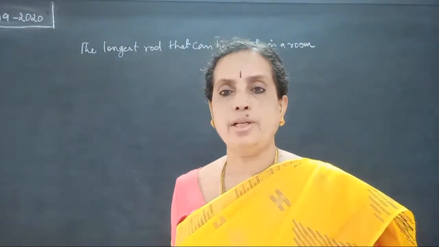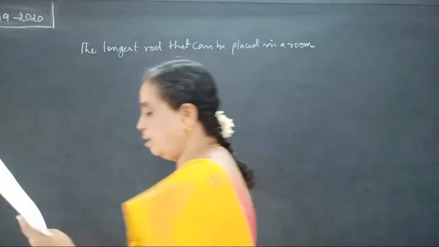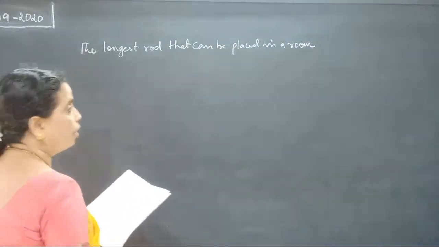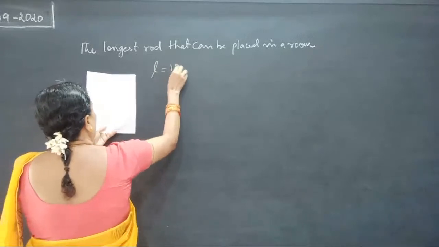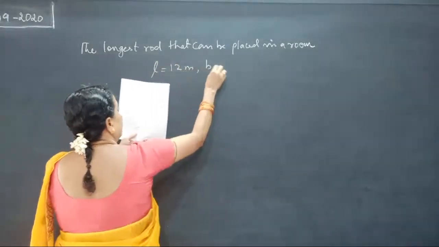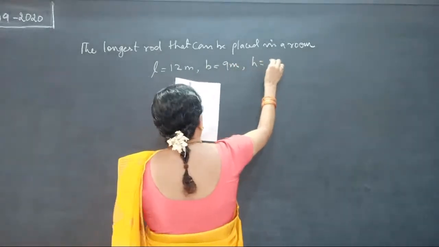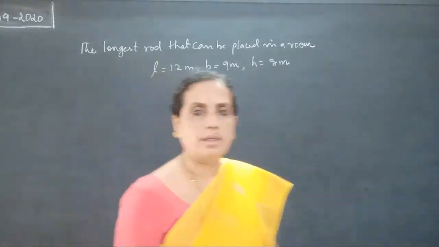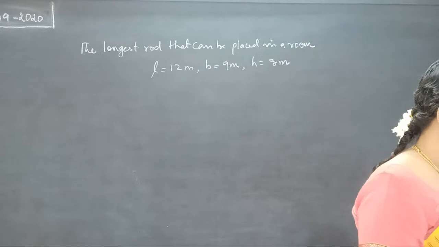We can place the longest rod diagonally. That is the reason the question is to find the length of the longest rod where the dimensions are 12 meter, 9 meter and 8 meter. Come on, calculate by applying the formula of diagonal of a cuboid.